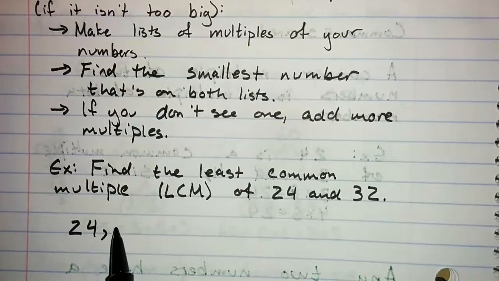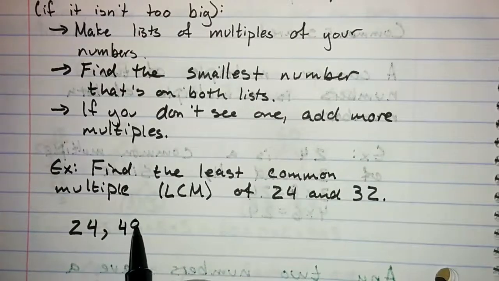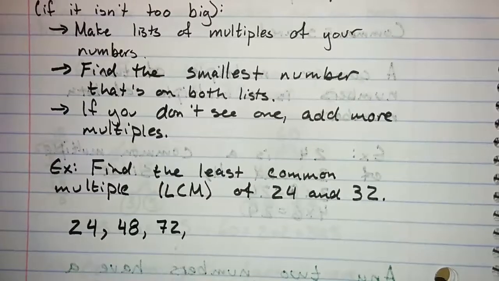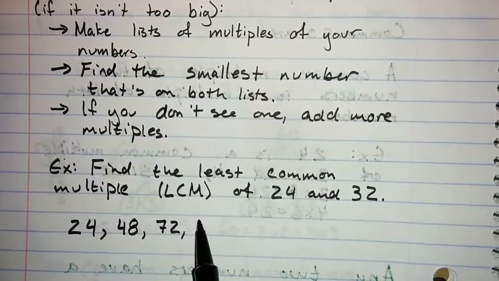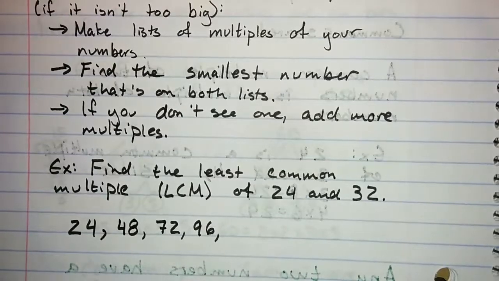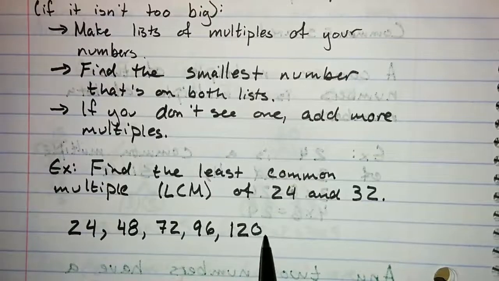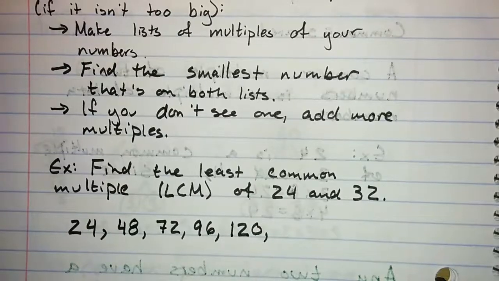So 24 plus 24, that's 48. Plus 24 is 72. Plus 24 is 96. Plus 24 is 120. And there's more, but I'm going to stop and hopefully I'll find my least common multiple before I get past 120.